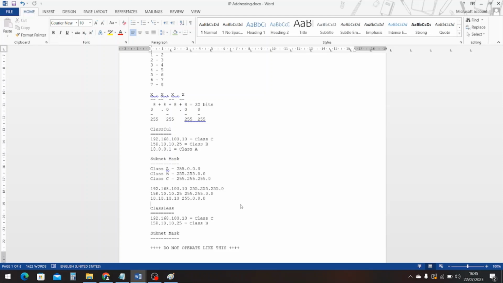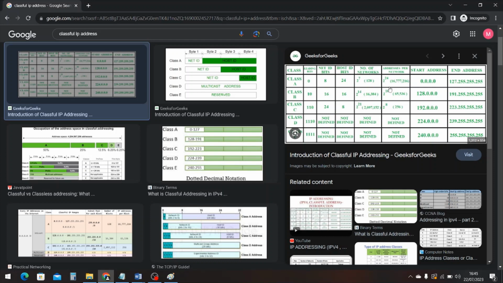But with time, with a lot of computers coming into the picture, you cannot use class A because there's going to be a lot of wastage. Assume there are 1,000 machines. See here, how many IP addresses can you allocate? 2 to the power 24. So you are wasting a lot of IP addresses.